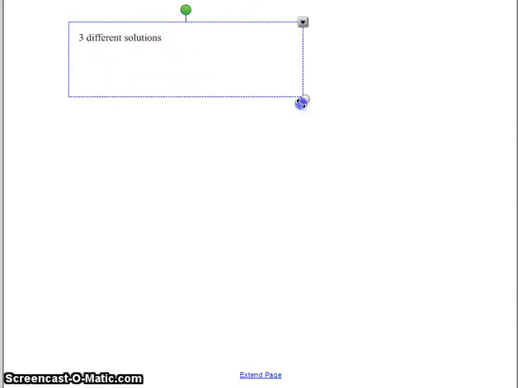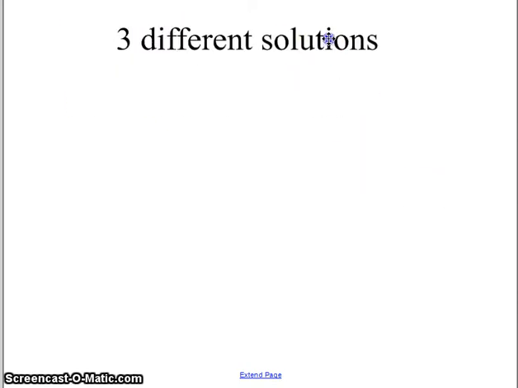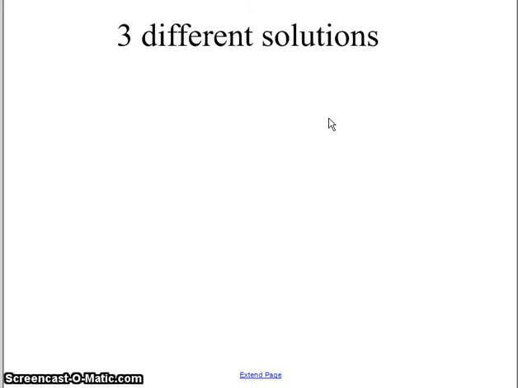Okay, so what I would like you to do is, in your science notebook, I would like you to brainstorm for just a second. And I would like you to imagine that I'm giving you the job of thinking about 3 different solutions. Now these 3 solutions, you could take one that we've already talked about if you would like, but I want you to think about 3 different solutions in the real world.